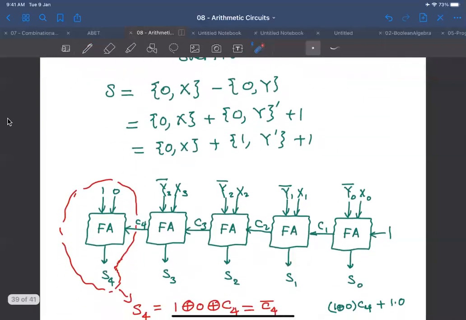So we add X0 plus Y0 complement with the carry in being 1 initially, all the way to the final one, which is 1 plus 0, nothing but 1, which will produce for us S4. By design by contraction, remember, what is this S4? It is nothing but the XOR of these 3 inputs. If you XOR them, you get C4 complement. So this is nothing but an inverter here.